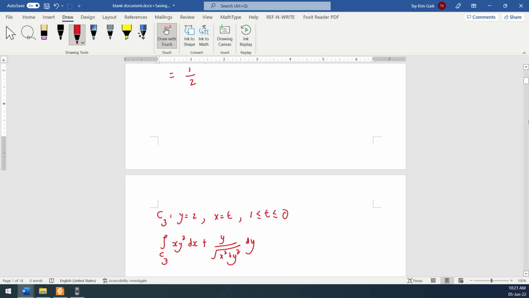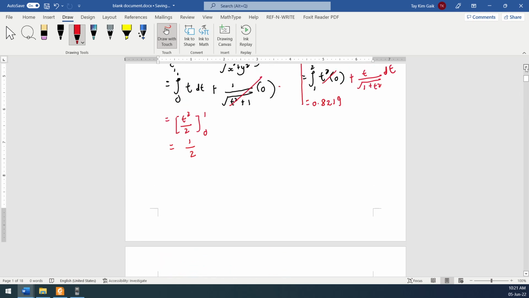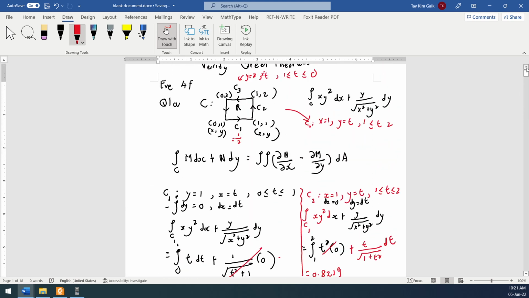Look at how your curve moves, anti-clockwise. Here from the point (1, 2) to (0, 2), where y is constant. So x goes from 1 to 0, x equal to t, so t from 1 to 0. We look at the direction of the curve.